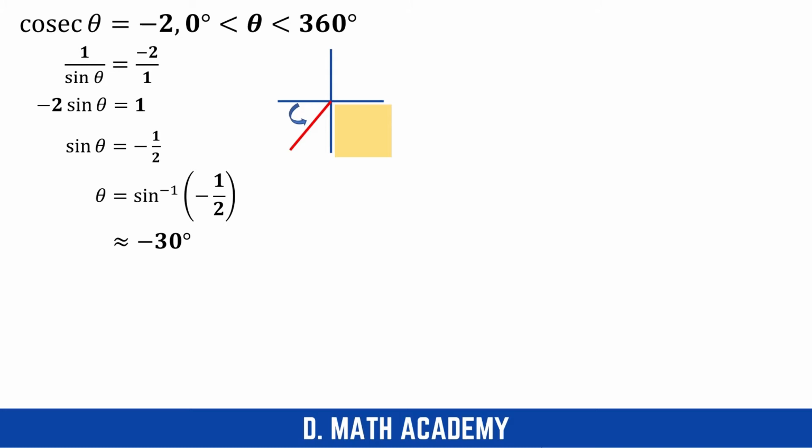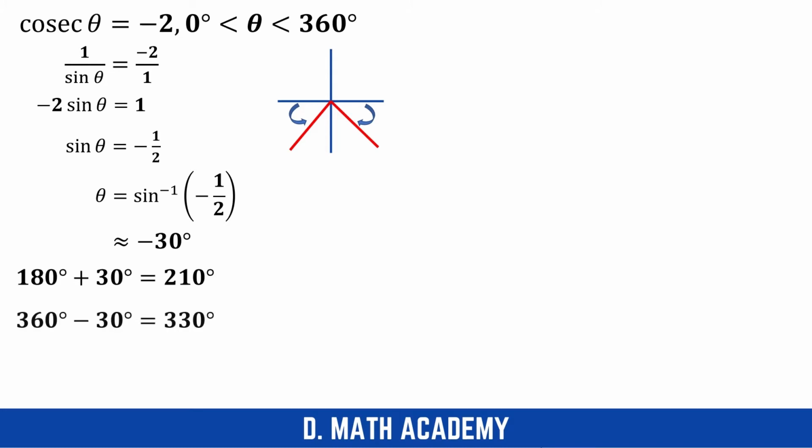And for the result in the 4th quadrant, we take 360 minus 30. So the respective results will be 210 and 330. This is the thing that you need to take note of here. By keying in sine inverse -1 over 2, you've gotten -30, right?